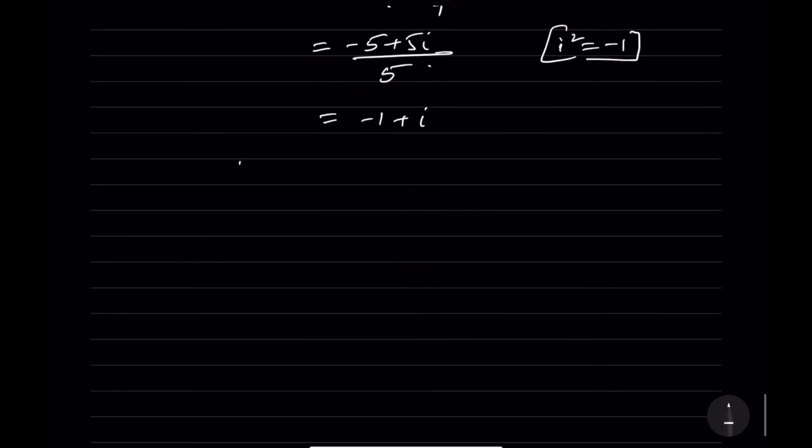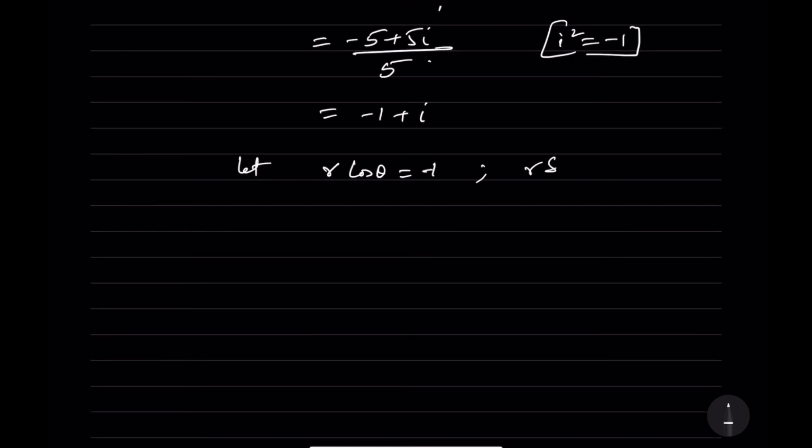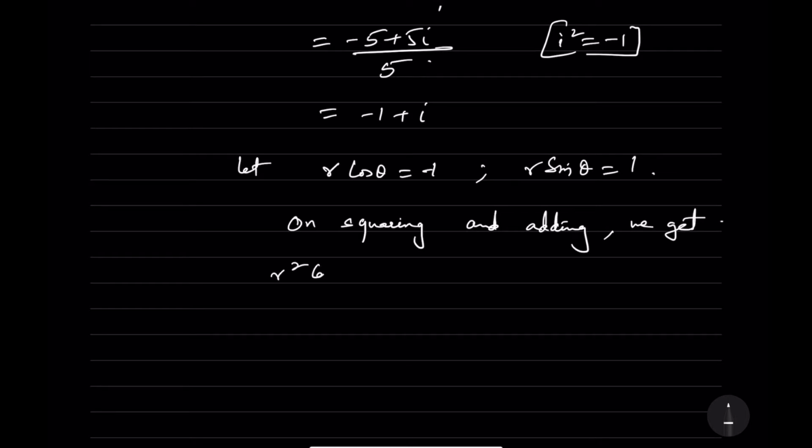So here again let r cos theta is equal to minus 1, r sin theta is equal to 1. On squaring and adding, we get r square cos square theta plus r square sin square theta is equal to (minus 1) whole square plus 1 square.